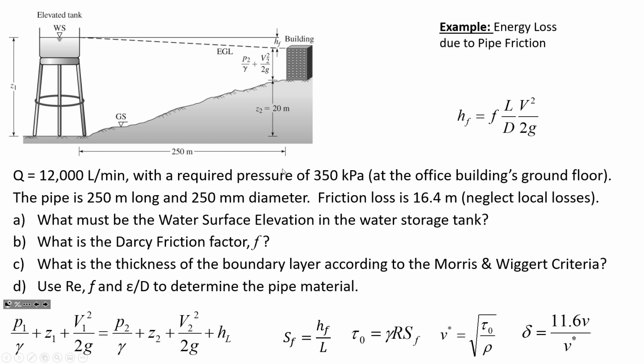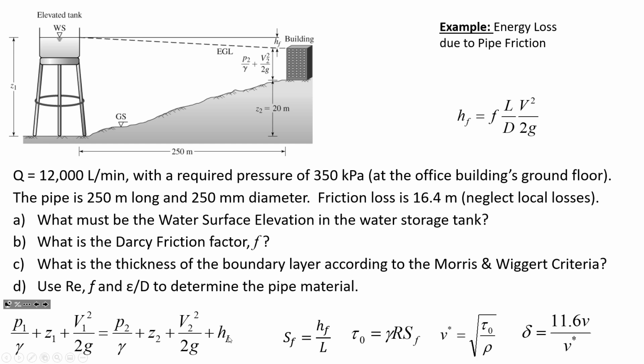So 1,200 liters per minute and the pipe diameter, you'll be able to calculate V from that. So what I'm getting at is V2 isn't canceled out. Calculate the velocity through the pipe and include that in V2, because the unknown in the energy equation is going to be Z1. We're calculating the elevation at 1.